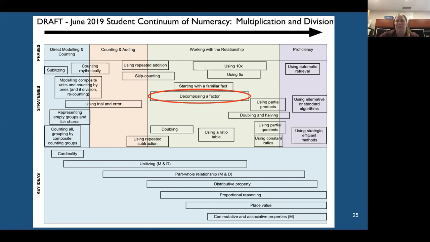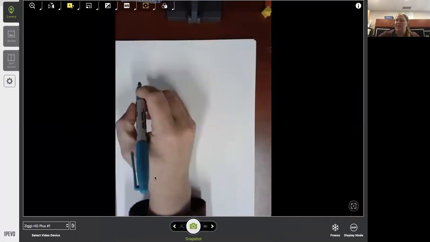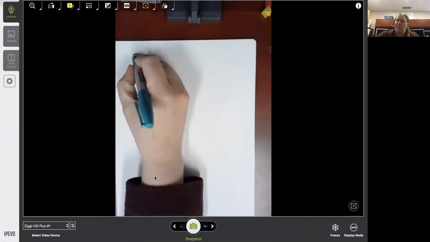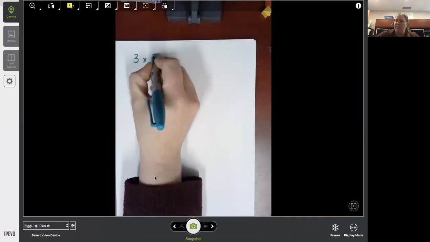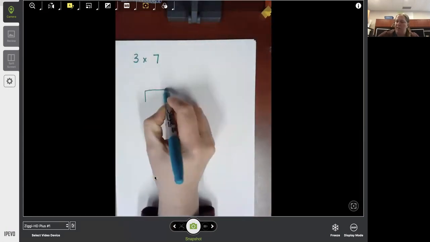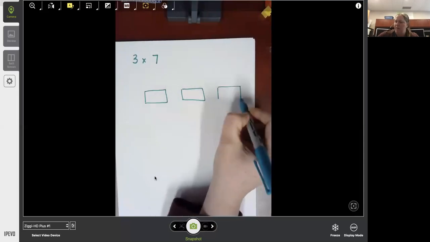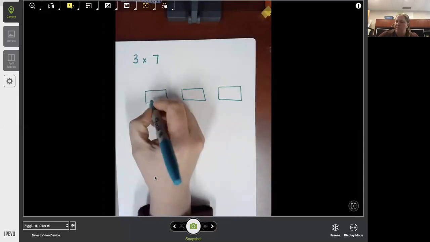So if a student was using decomposing a factor and we were solving the same problem with the 3 packs of gum with 7 pieces in each package, they might draw out those packs of gum and then use some numbers to help them out.